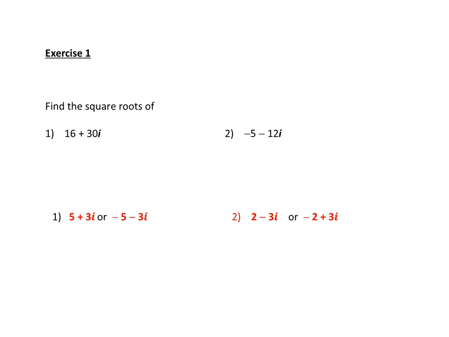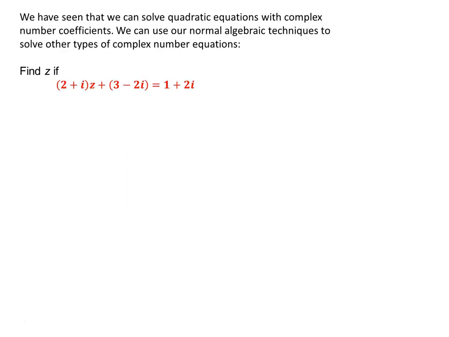Now we're going to move on and have a look at some more ways in which we can work with equations involving complex numbers. So find z if (2 plus i) times z plus 3 minus 2i equals 1 plus 2i.